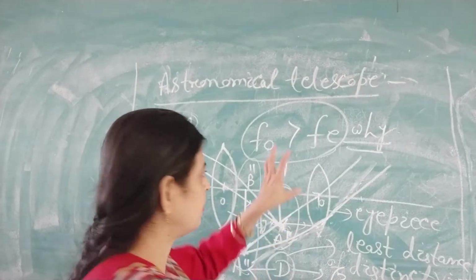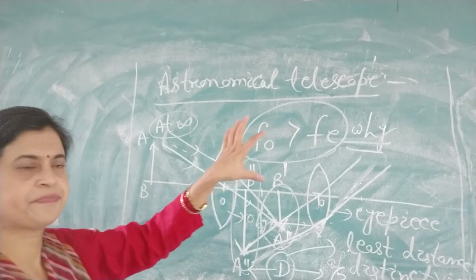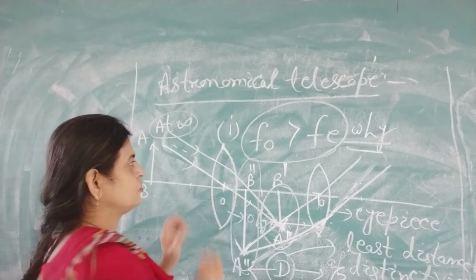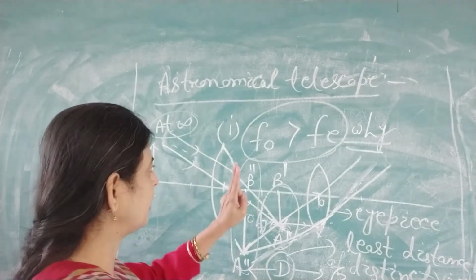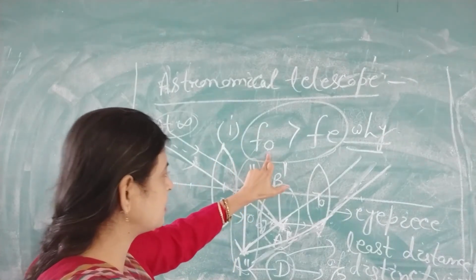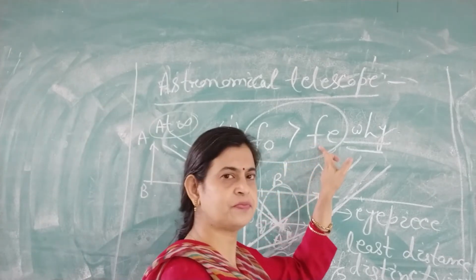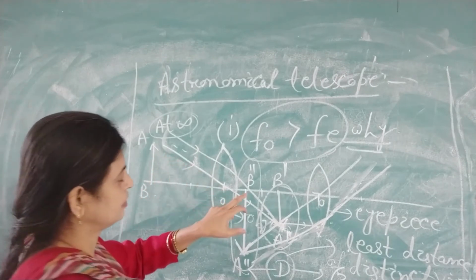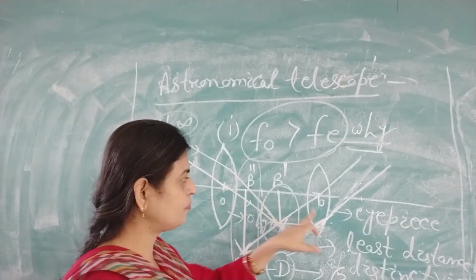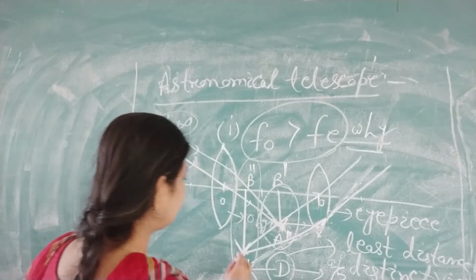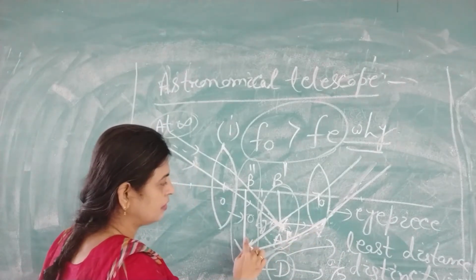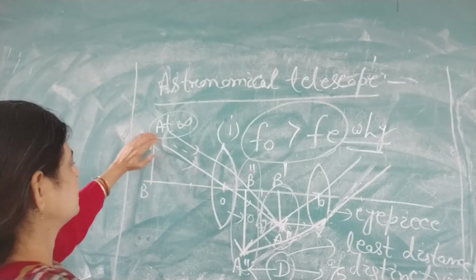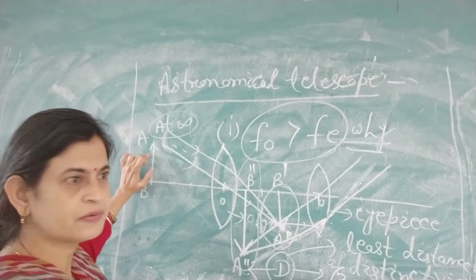So our final conclusion is that we have to choose two lenses, and the focal length of the objective must be greater than the focal length of the eyepiece. The second important point is that the final image formed by the eyepiece will be real and inverted, and the object is placed at infinity.